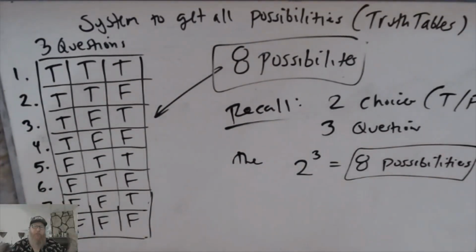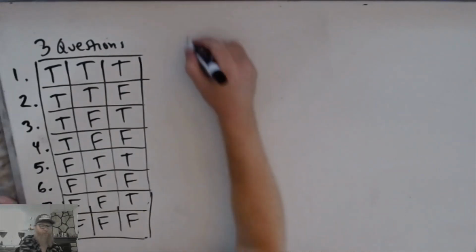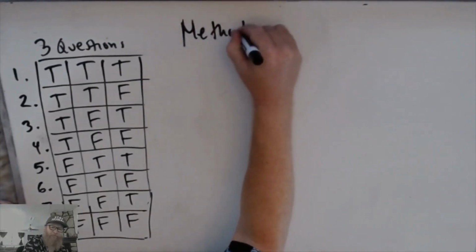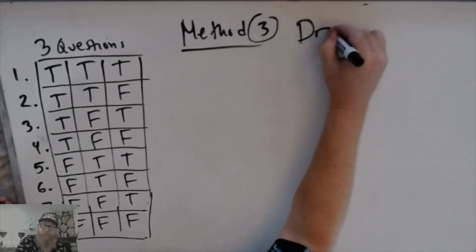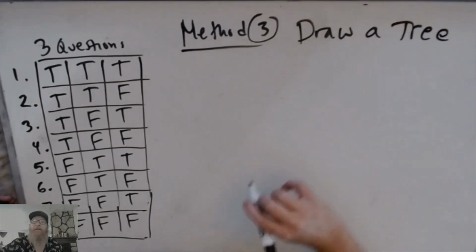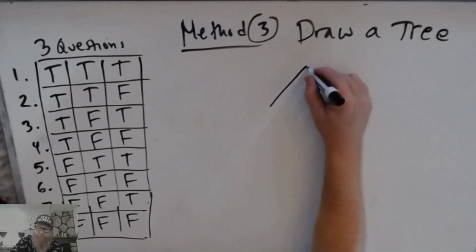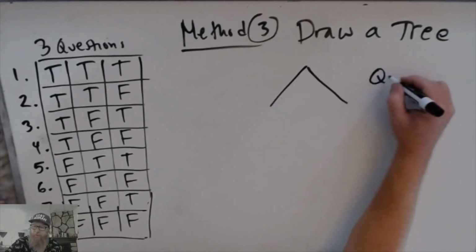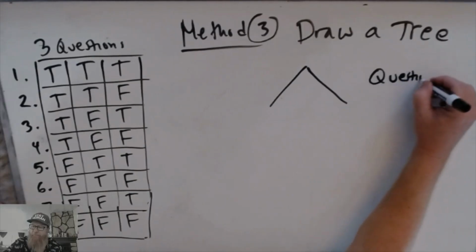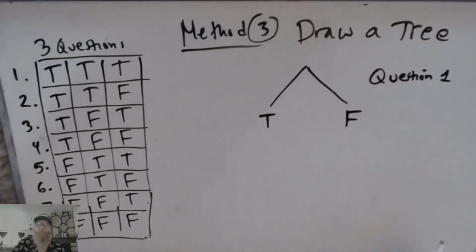There was actually a third method. Draw a picture. This is sometimes called a possibility tree. For question number 1, there are 2 possibilities.